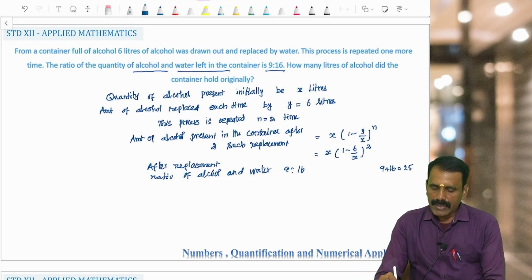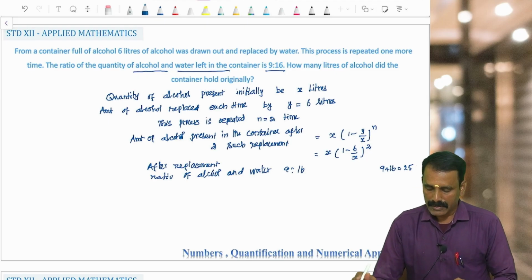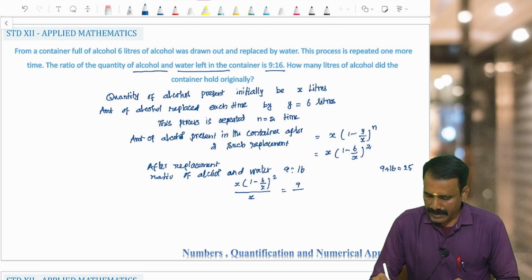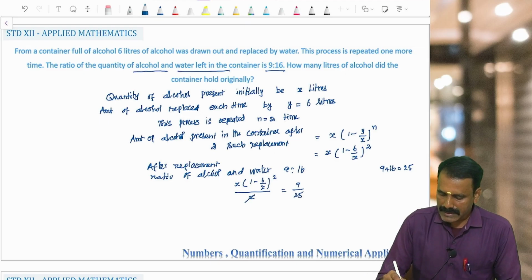Now instead of finding the ratio with water, we are going to find the ratio with the original amount of alcohol. So the amount of alcohol present after such replacement, x into 1 minus 6 by x whole square, to the initial amount x is going to be 9 divided by 25. So we cancel x.